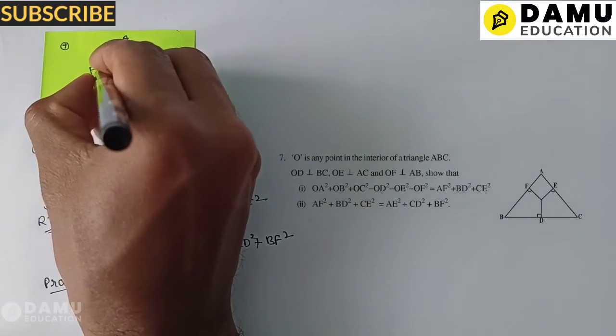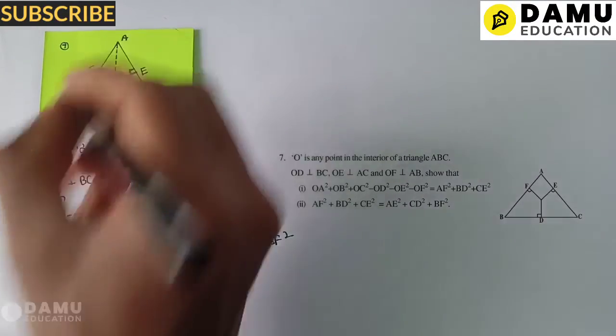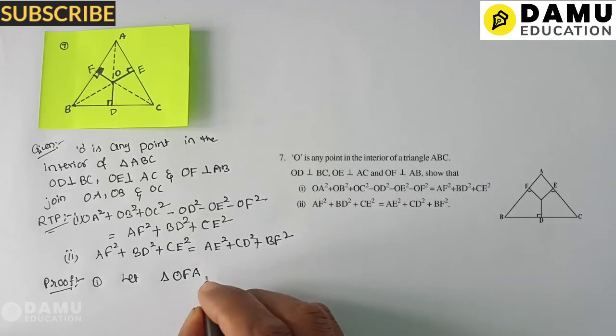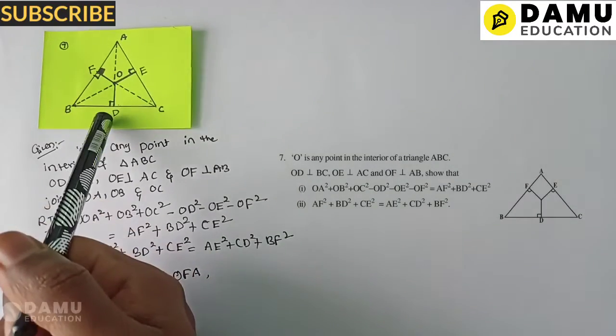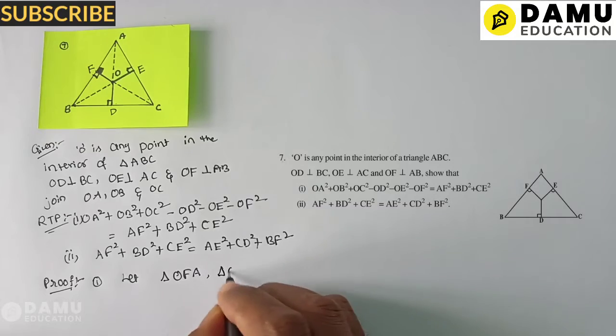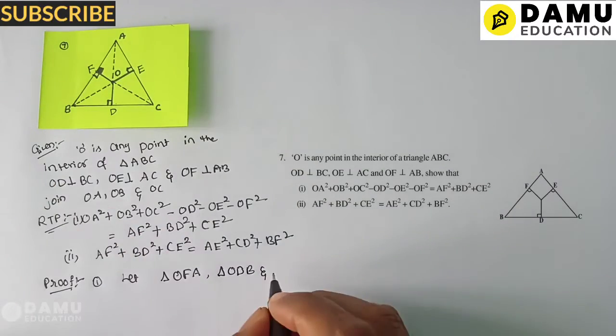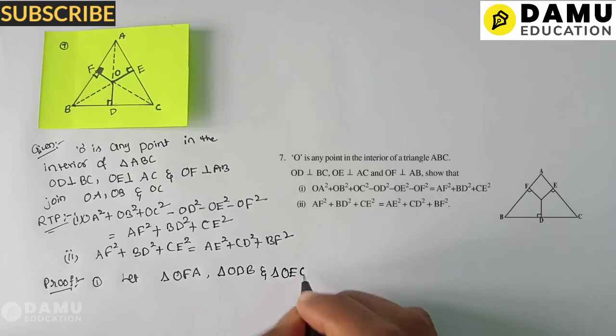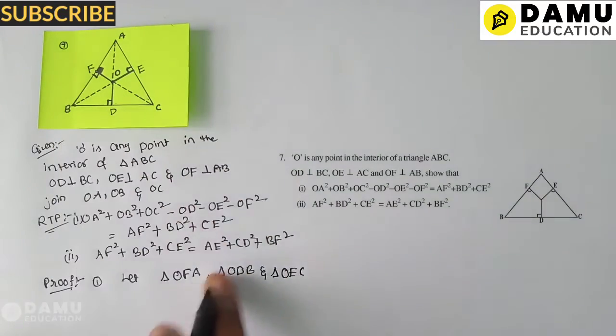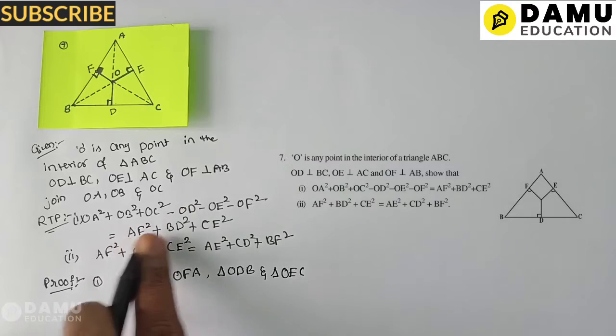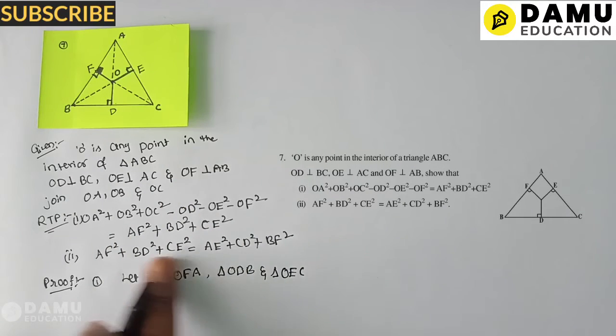Here it's making 90 degrees. Don't get confused, here it's making 90 degrees. OFA and triangle ODB and triangle OEC. So in all these triangles, it's rotating on AF, BD, CE. So we have covered all the triangles. So first one.